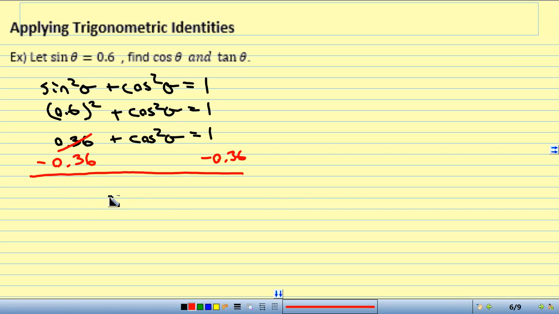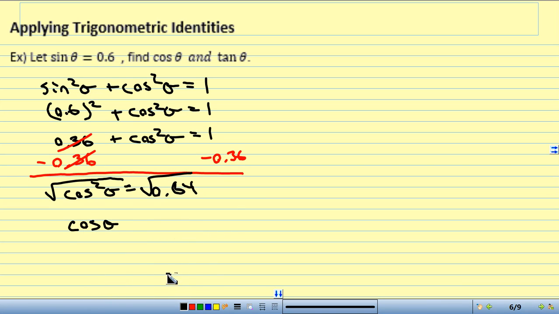That's going to cancel out, and I have cosine squared theta equals 0.64, because 1 minus 0.36 is 0.64. And now I'm going to square root both sides. So I'm going to get cosine theta equals 0.8. Yay!